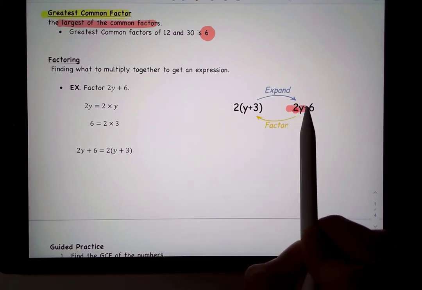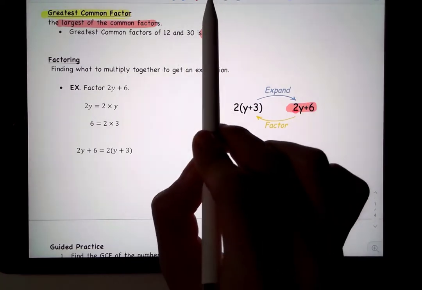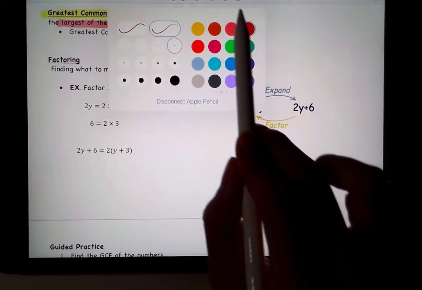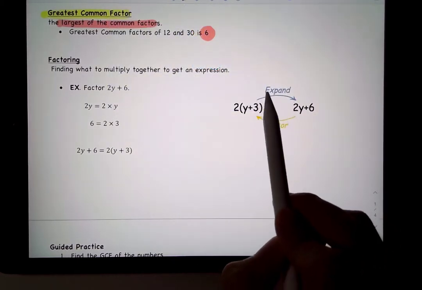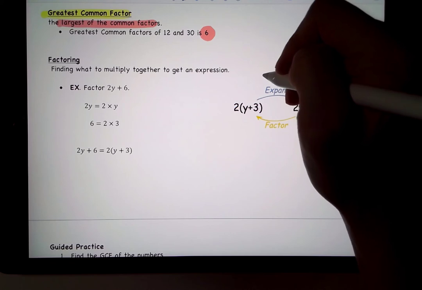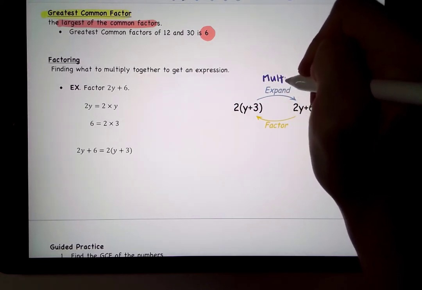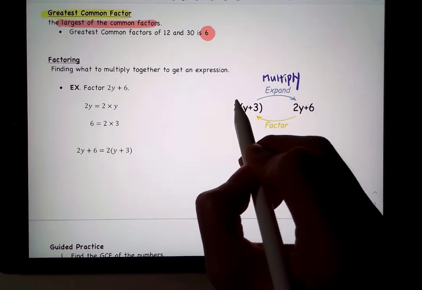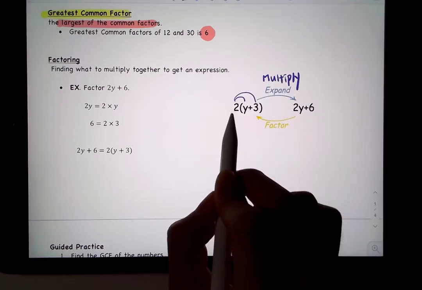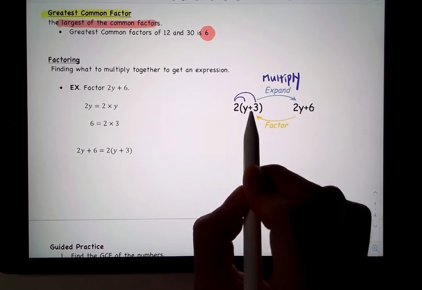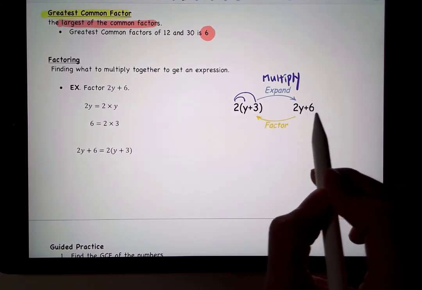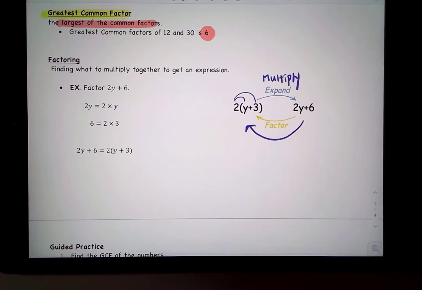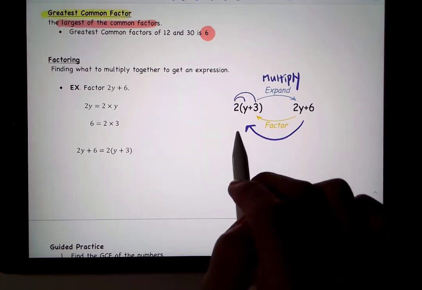If you have 2y plus 6, you already know how to expand, or multiply. 2 times y gives you 2y, and 2 times 3 gives you 6. So you know how to get this one going backward.